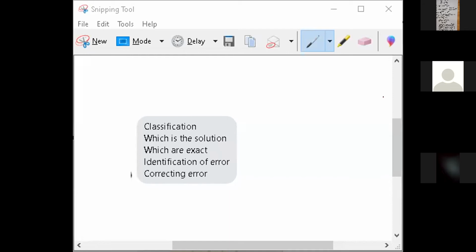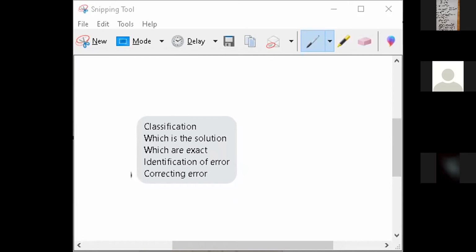And yung exact, tatanungin sa inyo which of the following is an exact equation. So you need to find which among the choices is exact. And then yung identification of error, a solution of the differential equation is given. And then all you need to do is lines are also given. And then you are to find which line or solution is wrong. So we had that earlier.